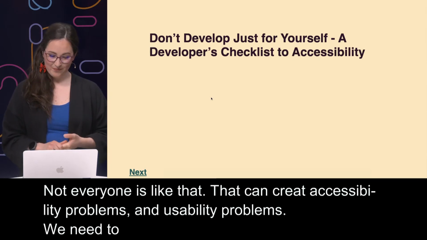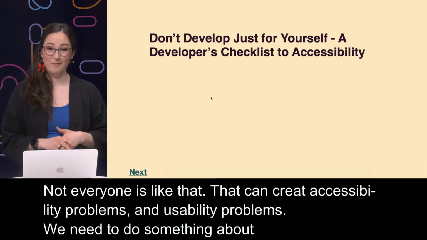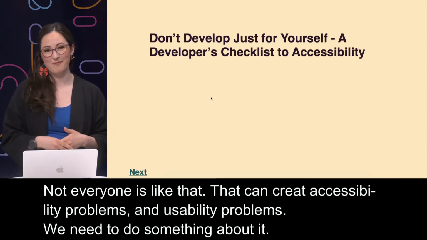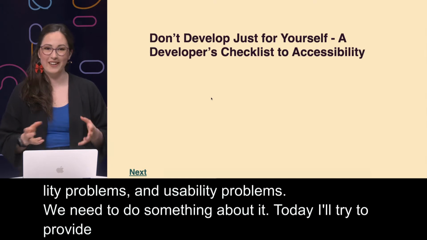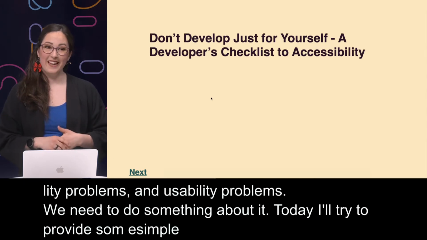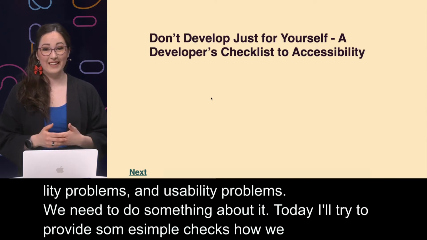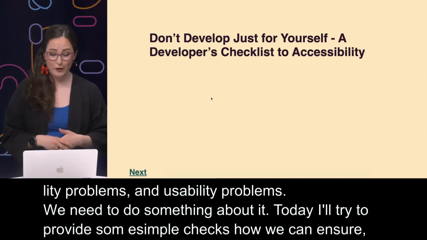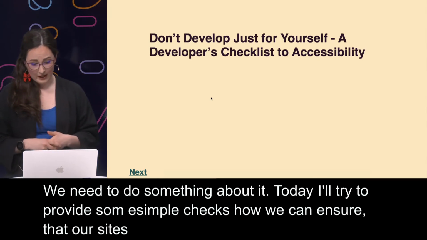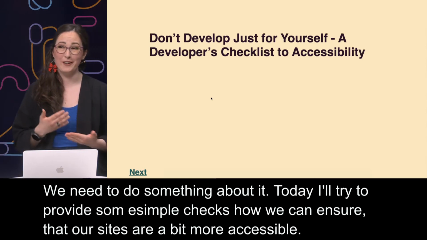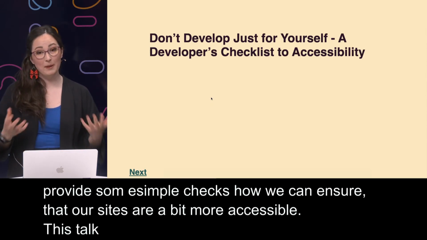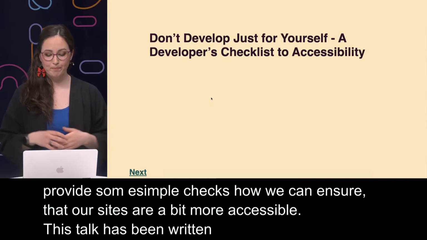And today I am trying to provide some fairly simple checks for how we can ensure as developers that our sites are at least a bit more accessible for our users. This talk has been written for those people who are at the beginning of their accessibility journey.